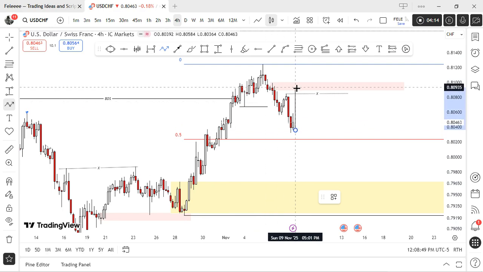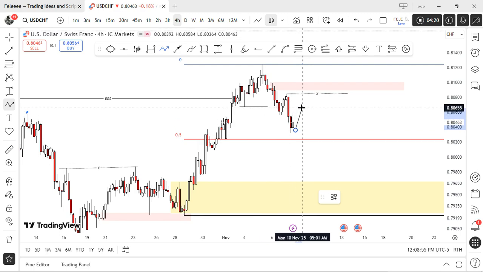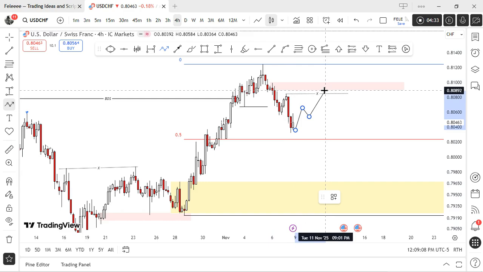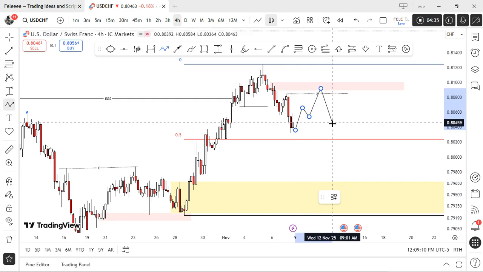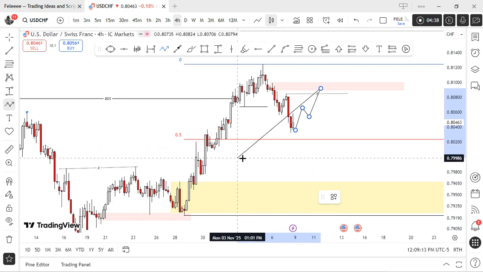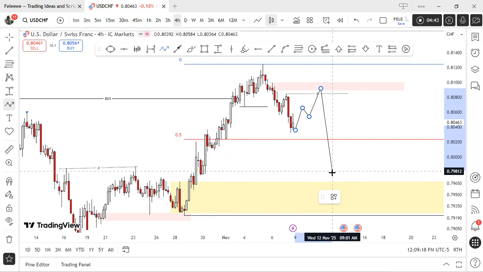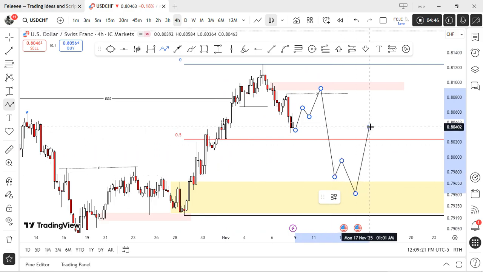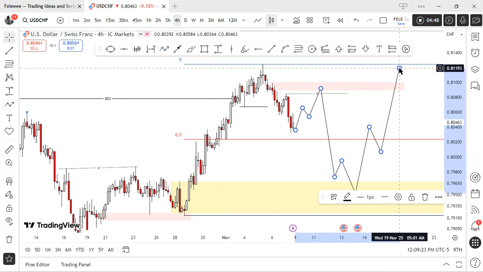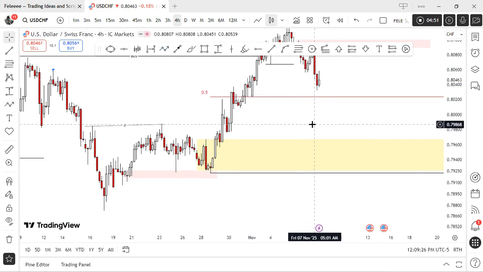I only look at this setup if price keeps on going with this correction move to the outside, and I'm gonna look at this as an inducement, and I won't trade anything from here. I'll just wait to see that price sweeps this inducement, and the first zone above is gonna be my entry to take price all the way to the downside to this 0.5, just for me to get that bullish move, because as we know it's a buy.